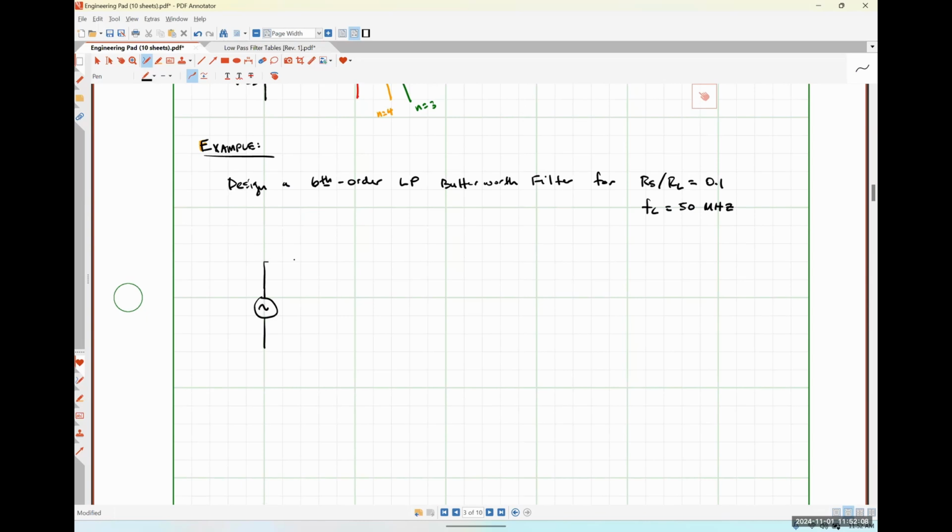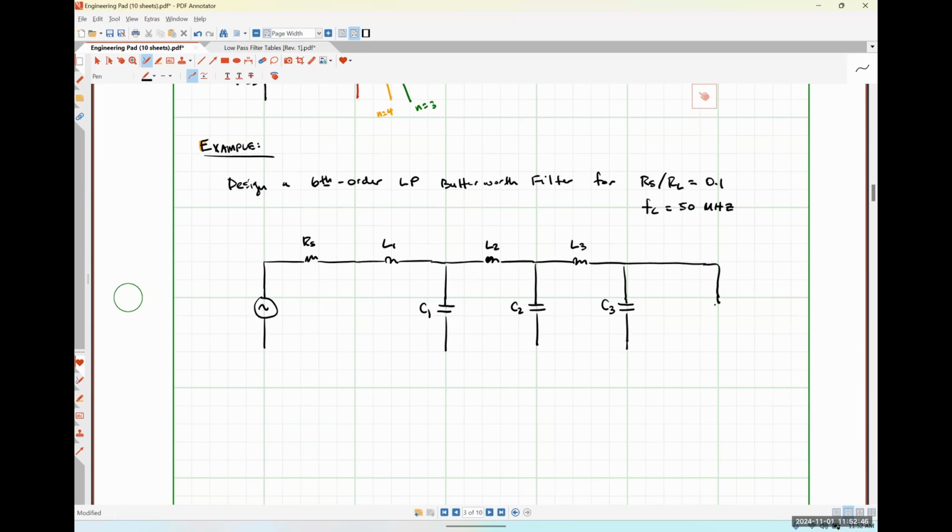Here's our RS. Here's L1, C1, L2, C2, L3, C3. And then RL.